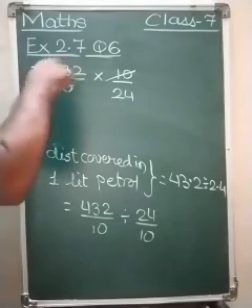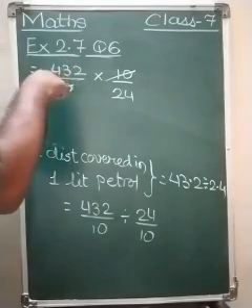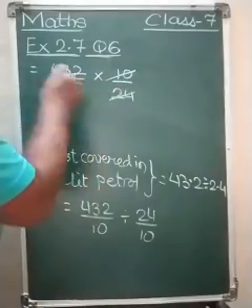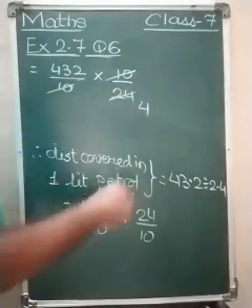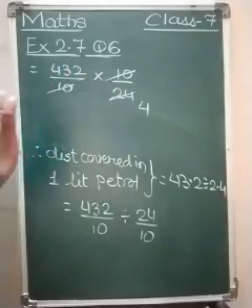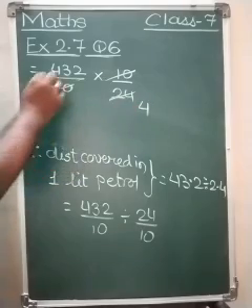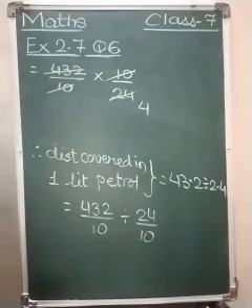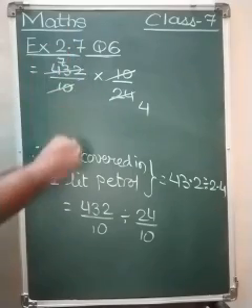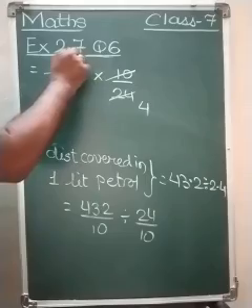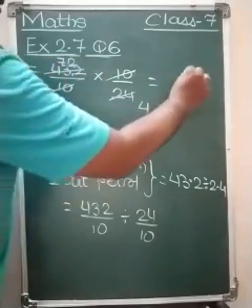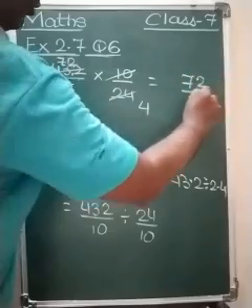Yes, this number is divisible by 6 because it is divisible by 2 and 3 also. So we are dividing by 6. 6 4s are 24. You can divide 432 by 24 directly also, no problem. 6 4s are 24 and then 6 7s are 42, 1 is the remainder, 6 2s are 12. So the answer equals 72 upon 4.